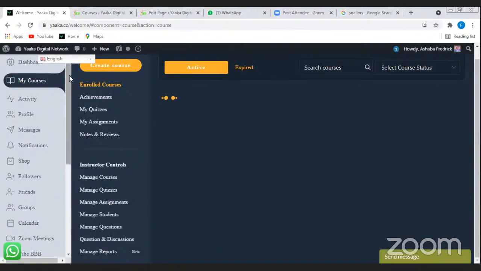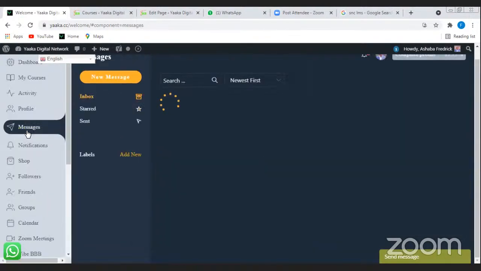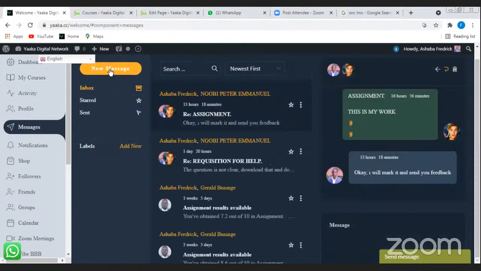Do you know how to submit your work here in messages? No. Okay. So when you open and get to this interface here, you come to messages. Then you'll go on new message. Okay.